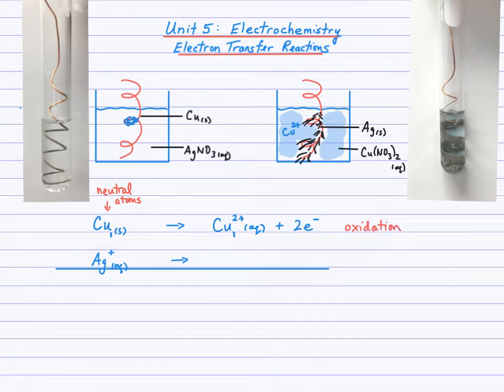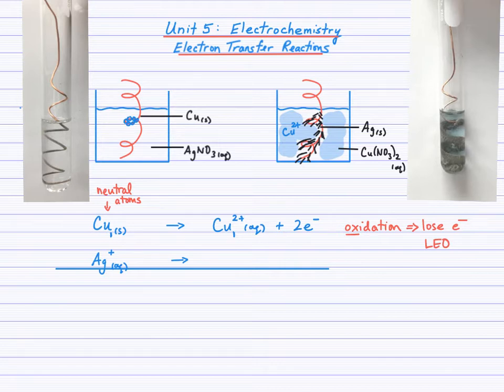So we call this an oxidation half reaction. The idea of oxidation here, we can see that the copper atom is losing electrons. And so to lose electrons is oxidation. You might think of the name LEO, lose electrons oxidation, to help remember that.